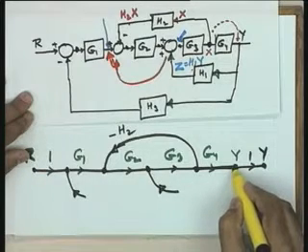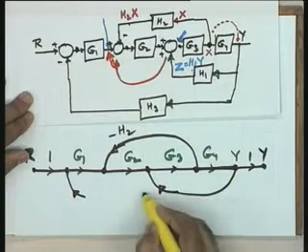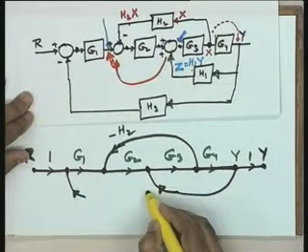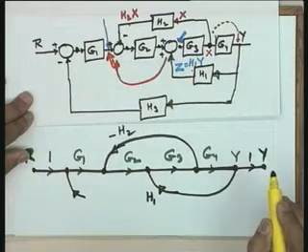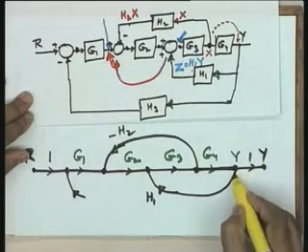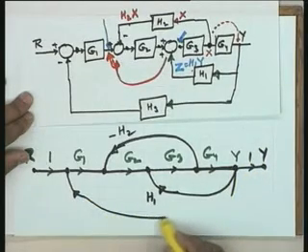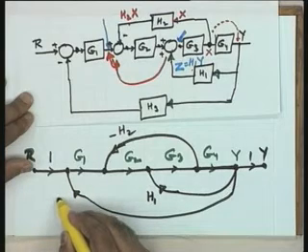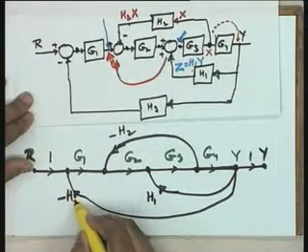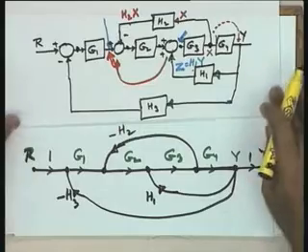So, I would like to take the feedback from here. Help me please, what is the transmittance? H1 only, because it is a positive feedback loop. And lastly, from the same point I take a branch here, and let me take this to be equal to minus H3. This becomes your complete signal flow graph corresponding to this.